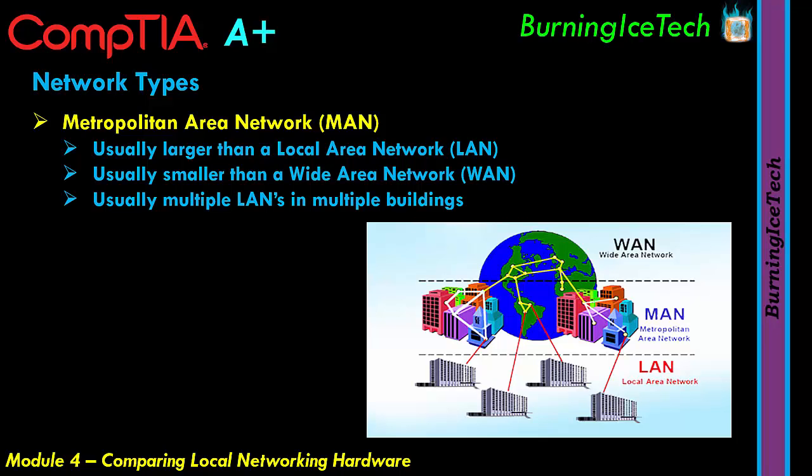How you do that and why you do that is completely up to you, your client, your organization, whatever the situation might be. But the point here is linking multiple buildings together, which have their own LANs, would be referred to as a MAN. These buildings are generally going to be scattered across maybe different parts of town, but they could be next to one another for all we know.